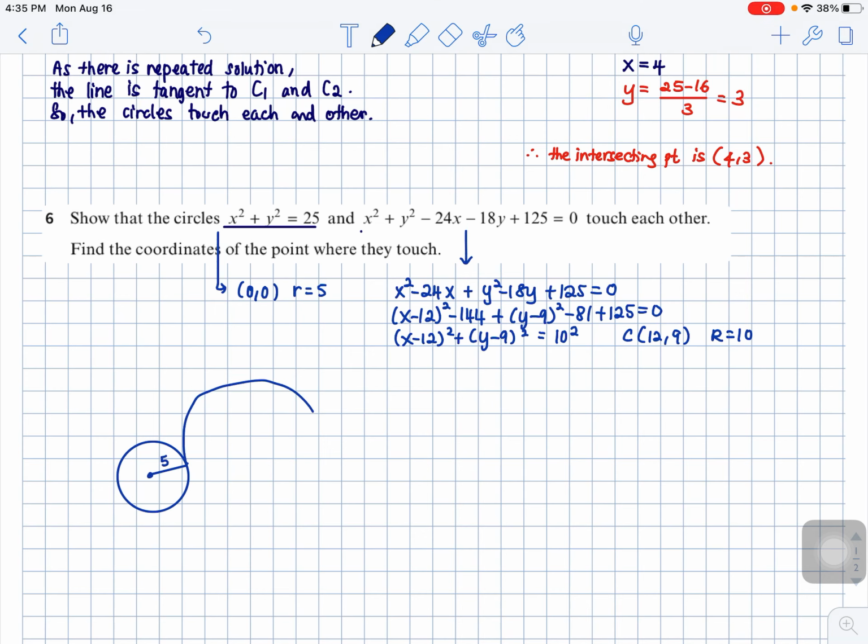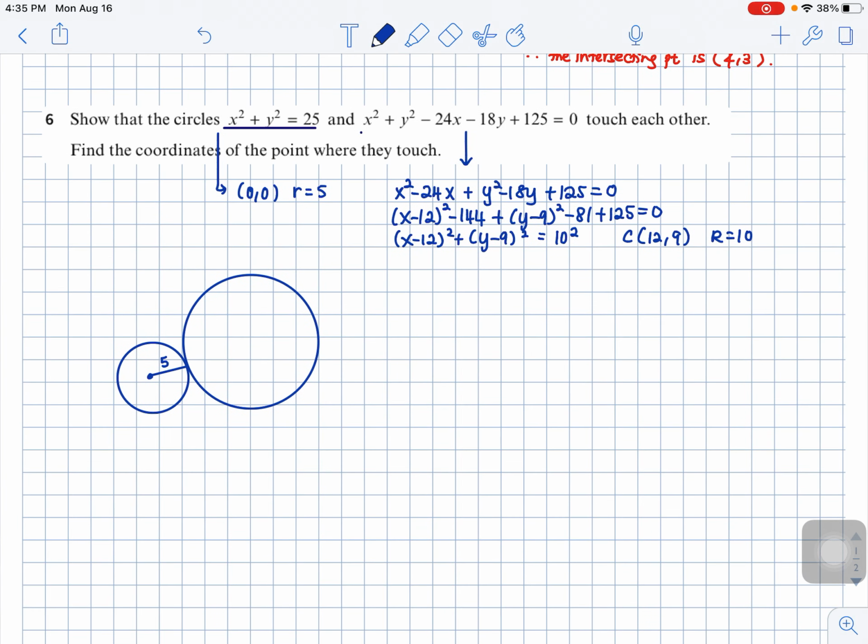Then the other one, you assume that they're going to touch. You draw a geometry circle like this. And then you also have another radius here. This is radius 2, this is radius 1. You are getting it as 10. Can you see it here? 10. And then the other one is 5.